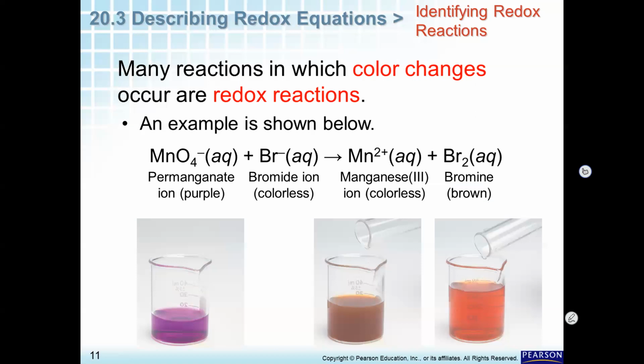Let me remind you of the rules. There are two rules here we're going to use. The first one is rule number 3, which says that oxygen is always -2. This solves a problem for you. The other one is rule number 6, which says that when we have something like this, which we call a polyatomic ion, the sum of the oxidation numbers is equal to the charge, which is -1. Okay?